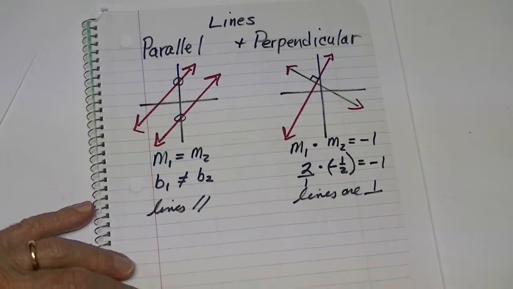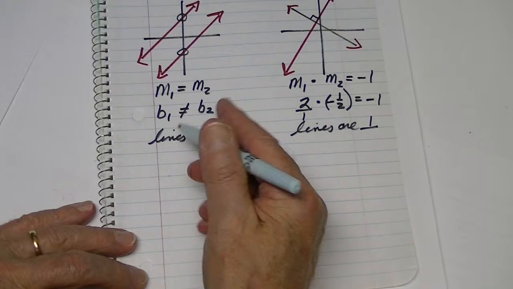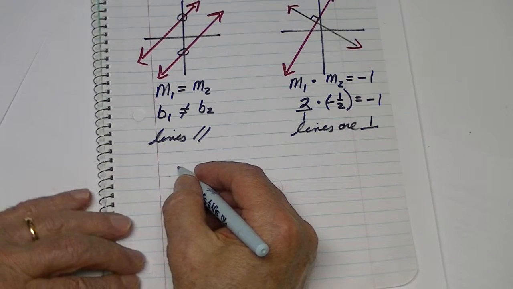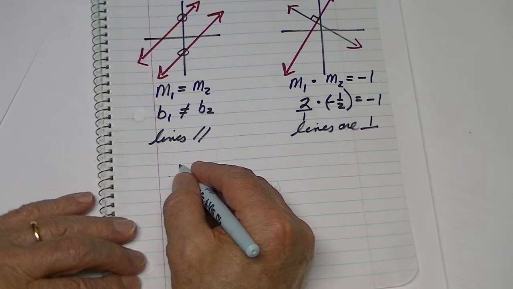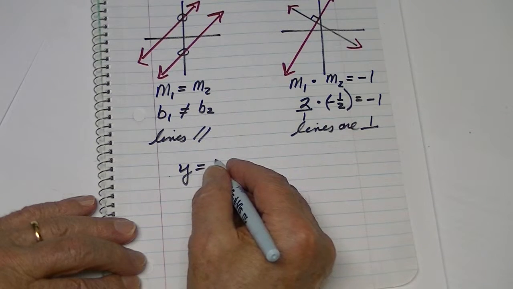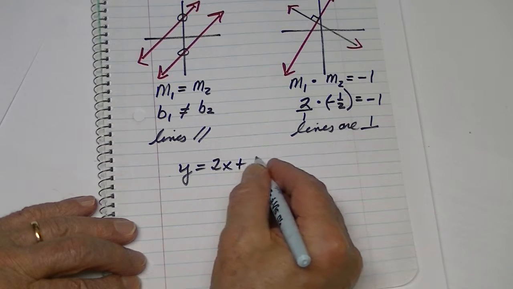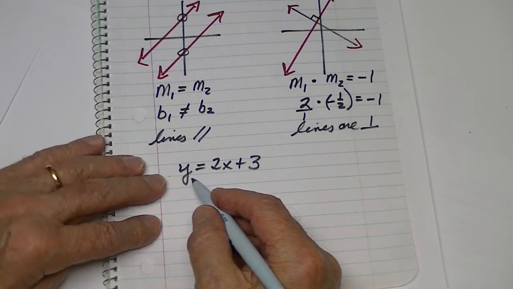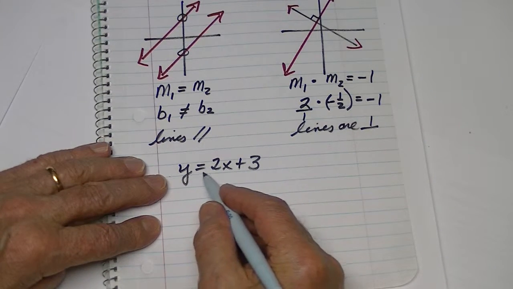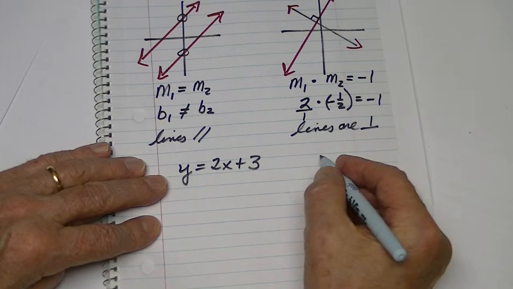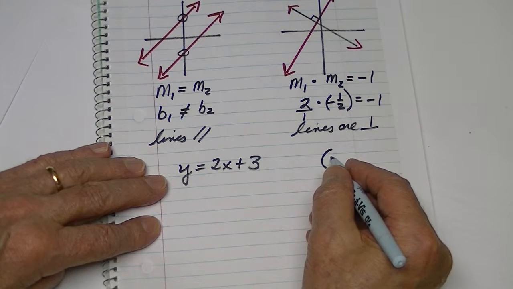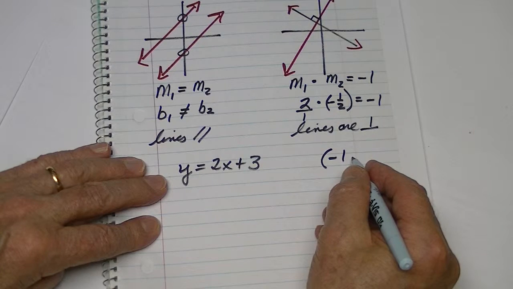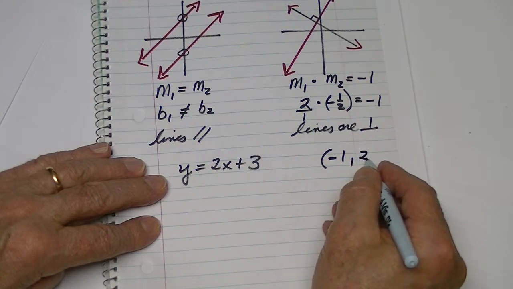So using this information, let's go on and say we have this equation, y equals 2x plus 3, and we want to make a line that is parallel to this line but goes through a point, let's say (-1, 2).